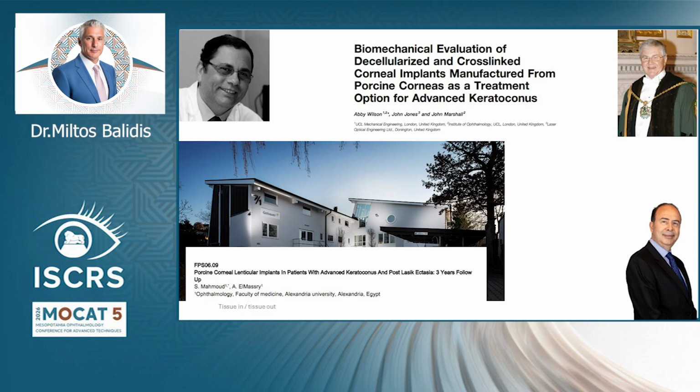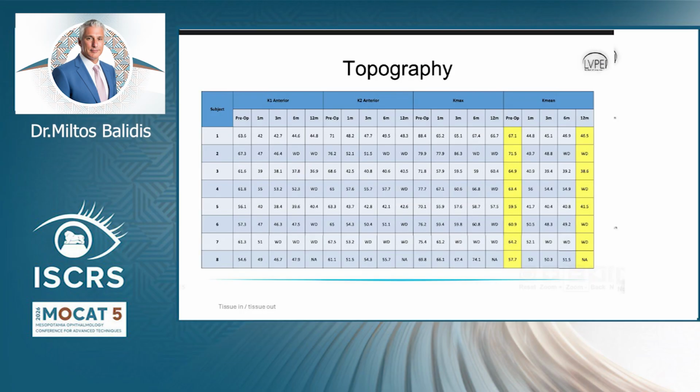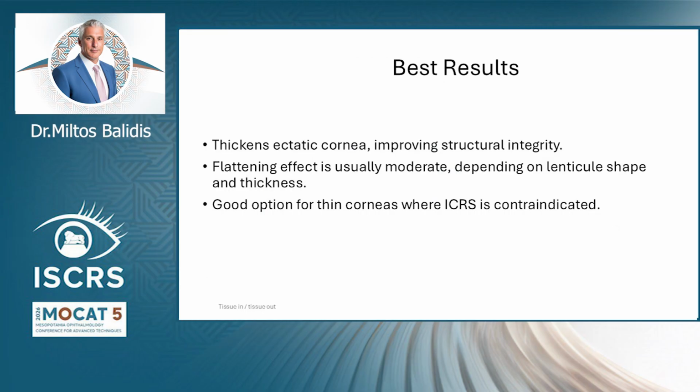Professor Messer showed the two models, Xenia 1 and Xenia 4. I've used the Xenia 4. They had the best results in improving the refractive index and so improving the refraction. Not so much the stability, but also we had cases where we had to take the Xenia out before it melted.